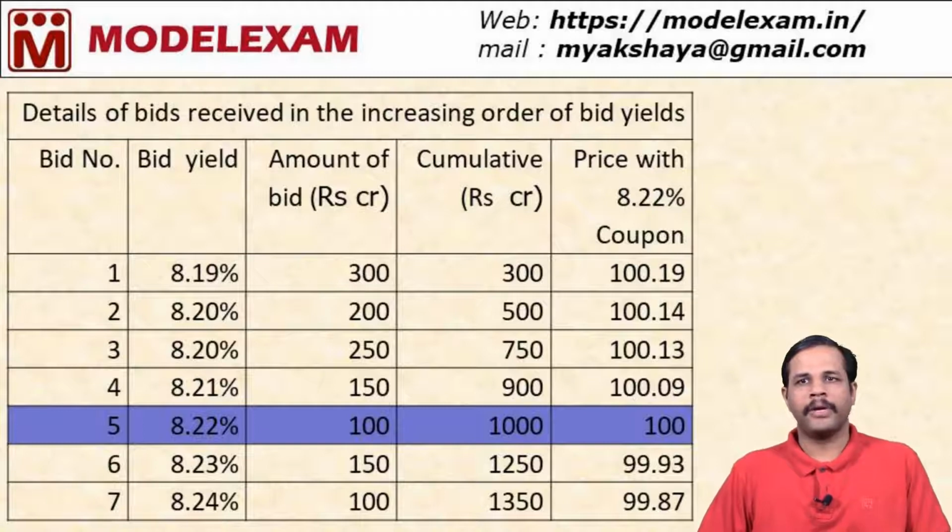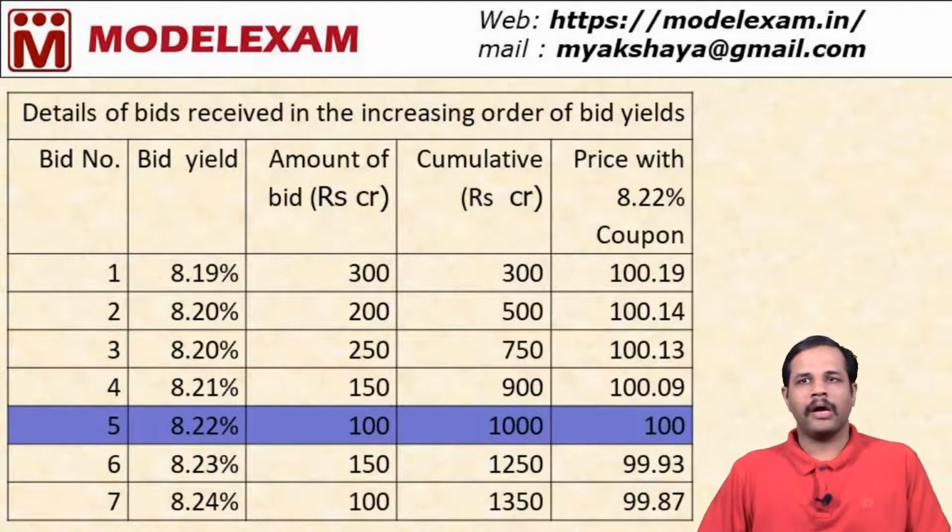The first bidder has quoted a yield of 8.19% and has bid for 300 crore. And the second bidder has quoted a yield of 8.20% and has bid for 200 crore. And see the third one and fourth one, and so on. So you can see that the yields are arranged in ascending order.